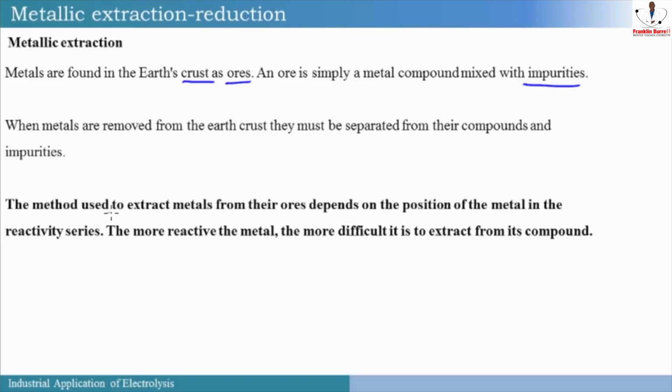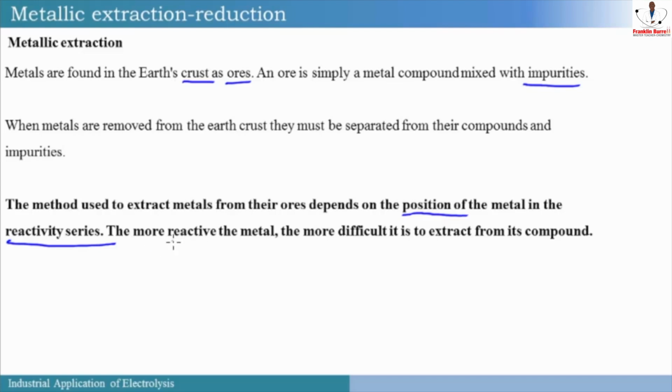So the method used to extract metals from their ores depends on the position, very important, the position of the metal in the reactivity series. So you'll find out that some metals are high in the series, some are low in the series. Depending on where you are found in the series will determine your method of extraction.